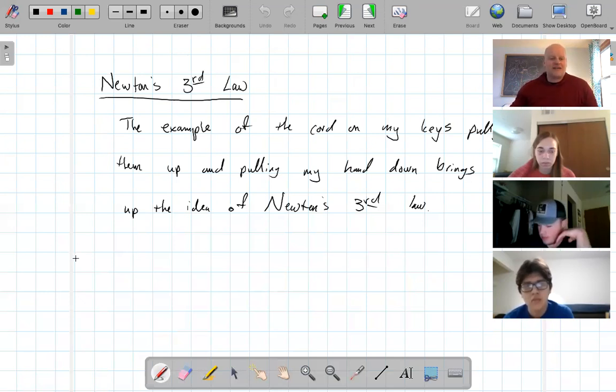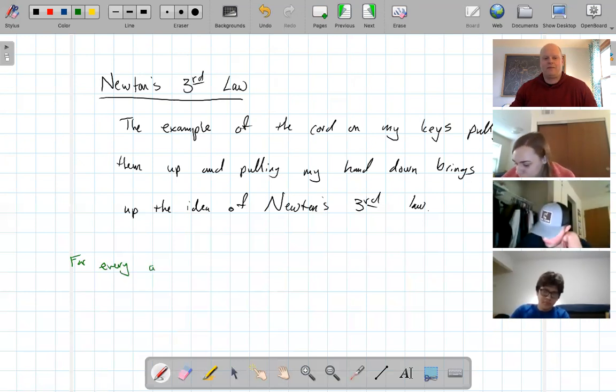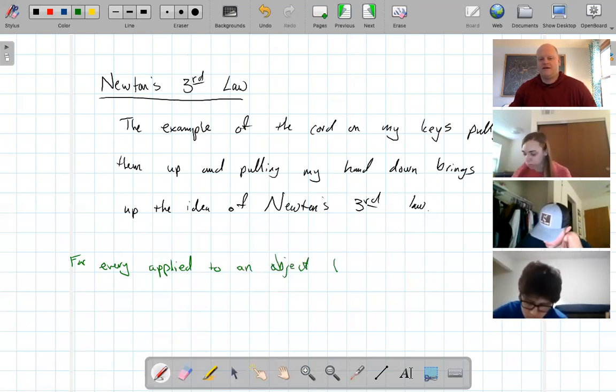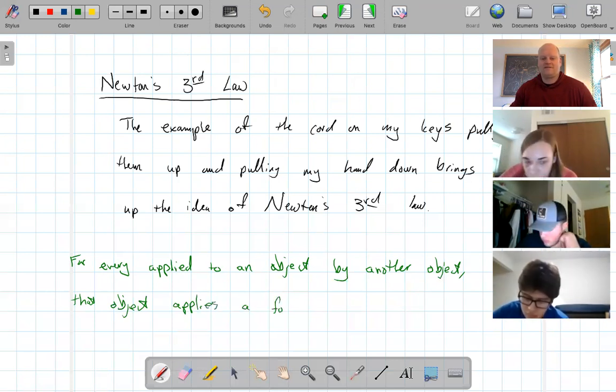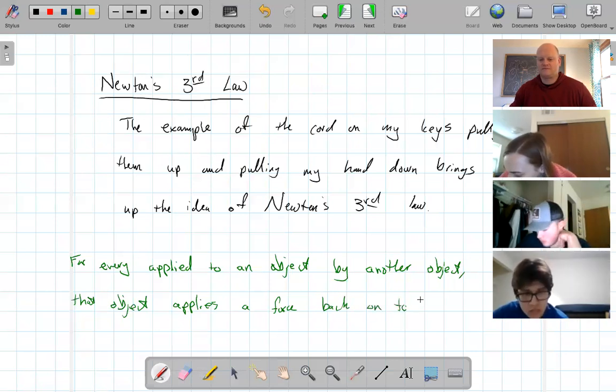So Newton's third law says for every force applied to an object by another object, that object applies a force back onto the first object.